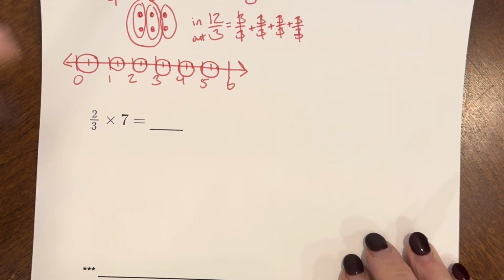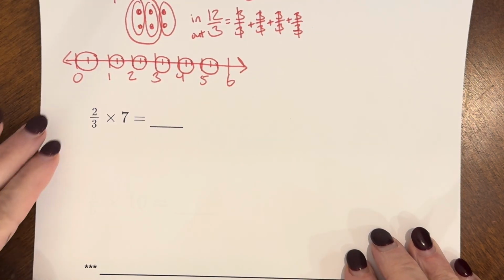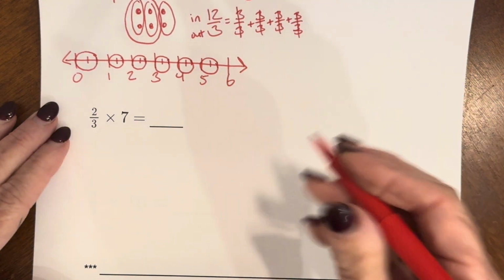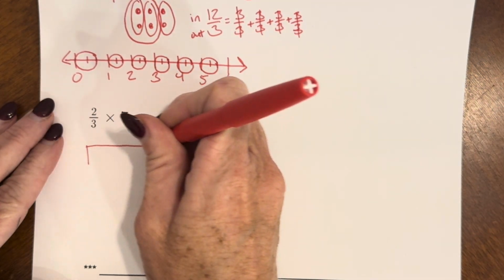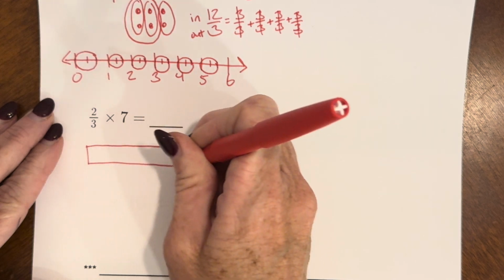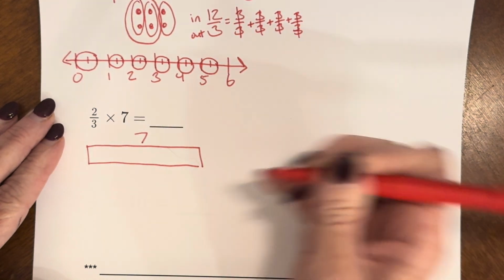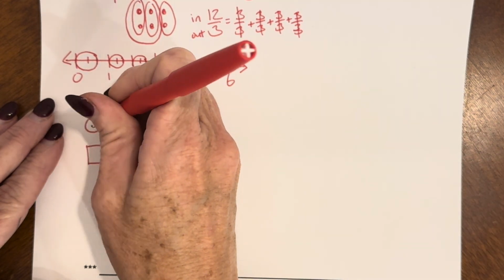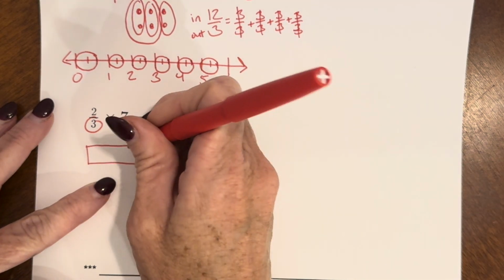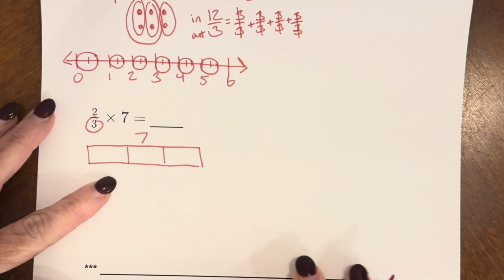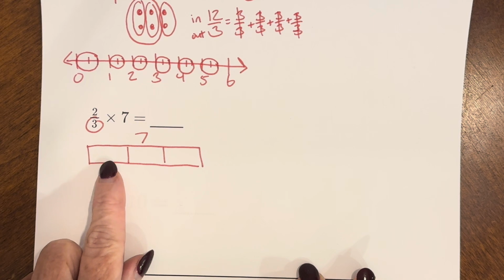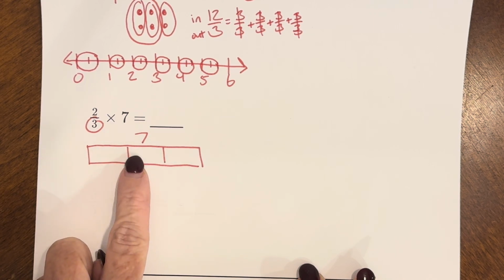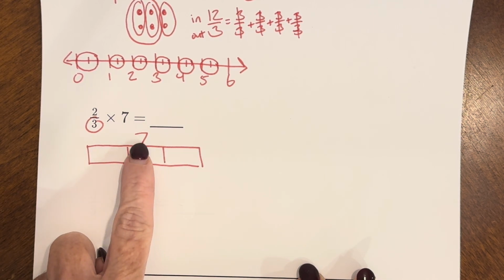So my next one is 2/3 of 7. So if I try to do my tape diagram for this one, look what's going to happen. So I'm going to say 7. And again, because of my denominator of a 3, I'm going to divide this into 3 parts. So what plus what plus what could give me 7?